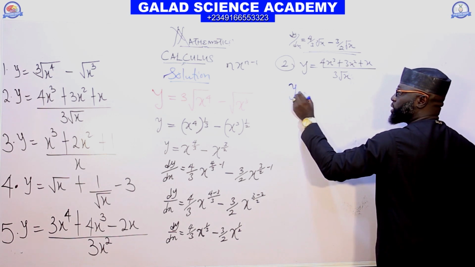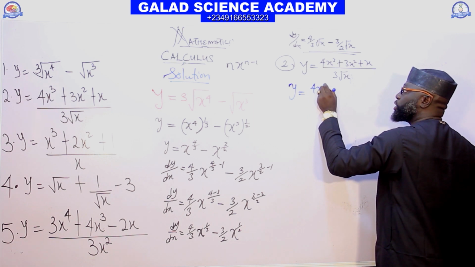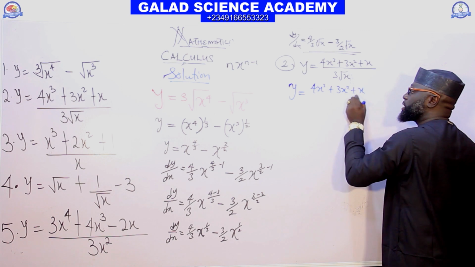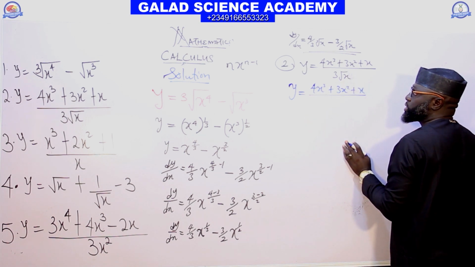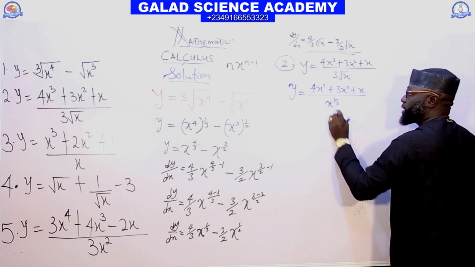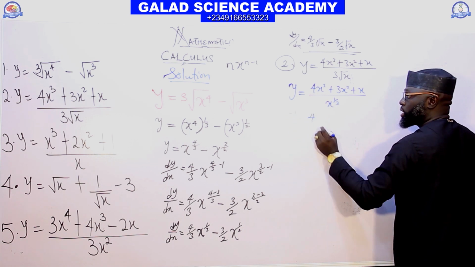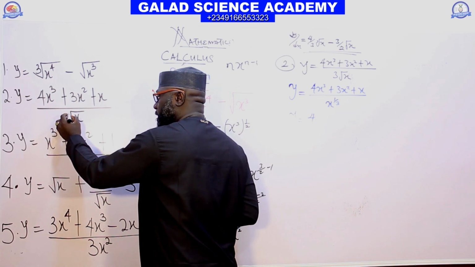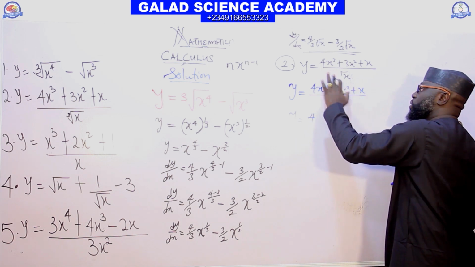This is the same thing as 4x cubed plus 3x squared plus x over, divide here, change it to x exponential 1 over 3. Let us correct this: this 3 is here, and this 3 is here too.